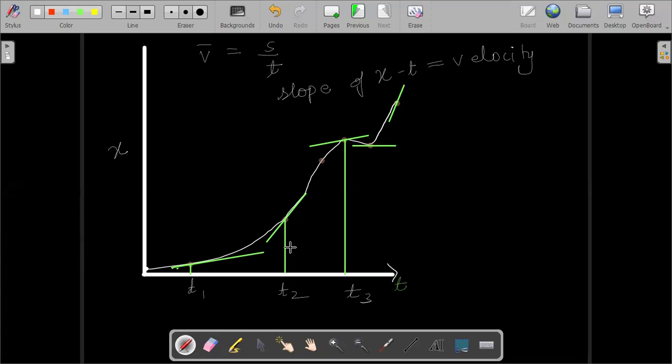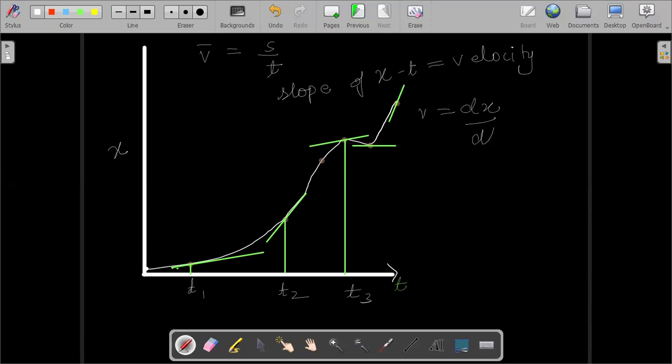If I want the velocity at t2, I will be finding the slope of the tangent at t2. If I want the velocity at time t3, I will be finding the slope of this tangent at t3. Got it? So whenever I am finding the instantaneous velocity, I am finding the slopes of these tangents, which is given by v equals dx by dt.